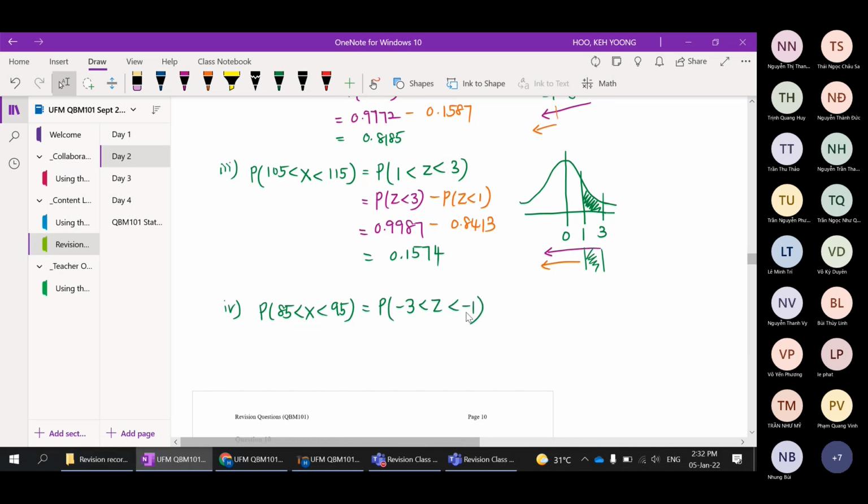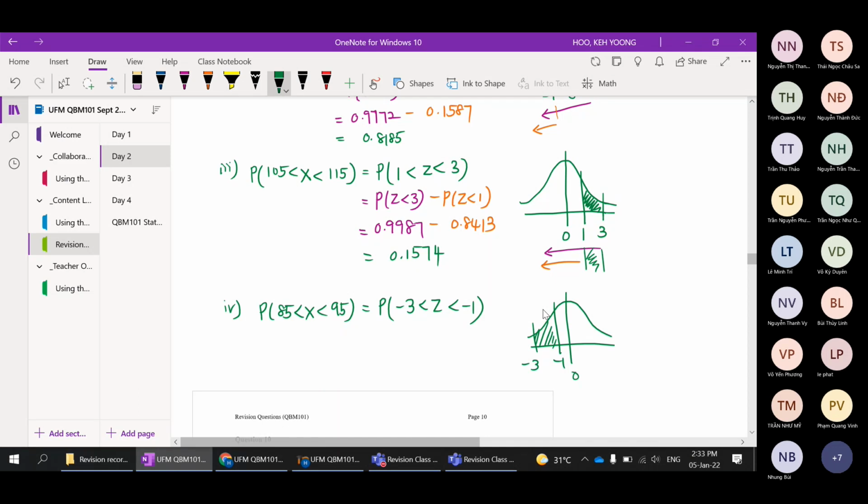Please take note, whenever you solve probability questions, your answer will never be negative. If you get negative, then confirm is wrong. That means you have done something wrong. You should not have got a negative answer. So -1 and -3.